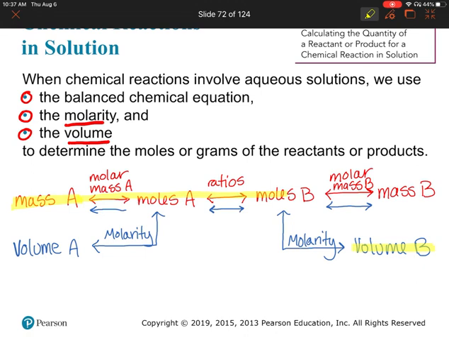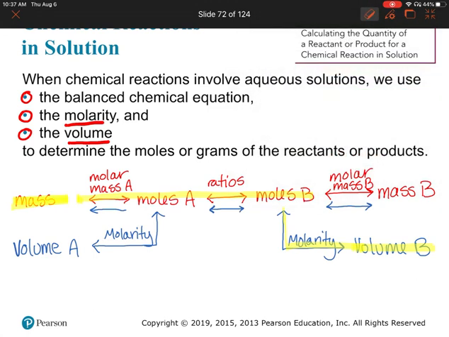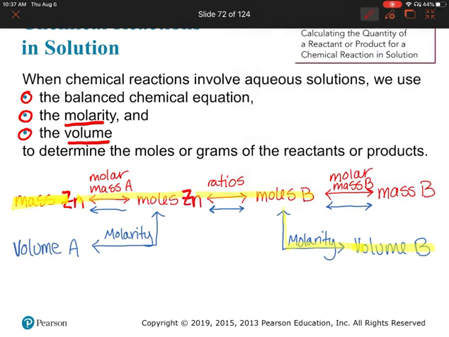Now we're just going to follow our flow chart. We're going to go all the way across, but when we hit moles of B, we're going to go down to volume. We're going to start with a mass of zinc, and I'm going to write in zinc here. We convert that to moles of zinc using the molar mass of zinc.